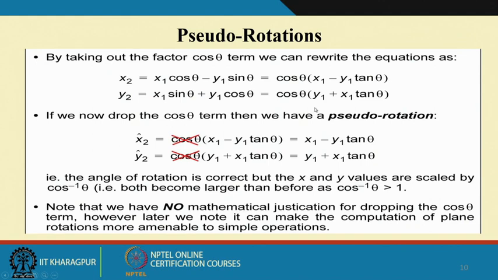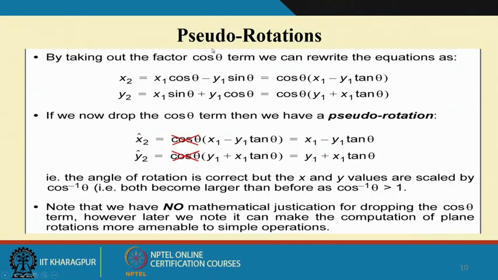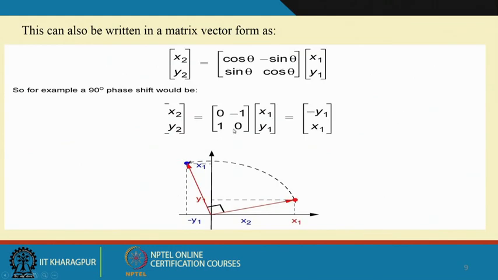Okay. Now we have to calculate this corresponding function of x2 and y2. How can we calculate it? Here we do pseudo rotation. What is pseudo rotation? This particular vector is rotated by an angle of 90 degrees, and this is basically circular.